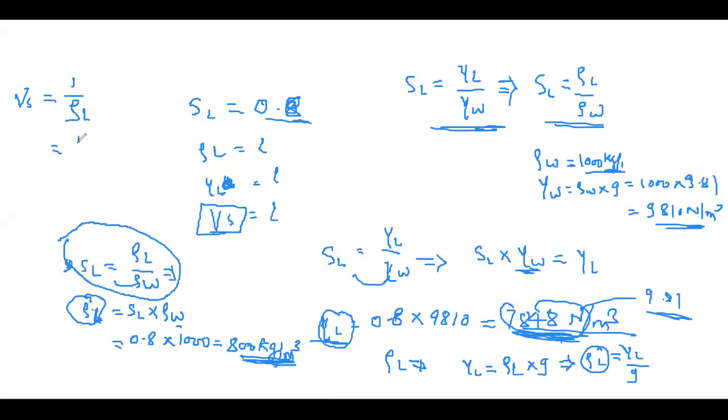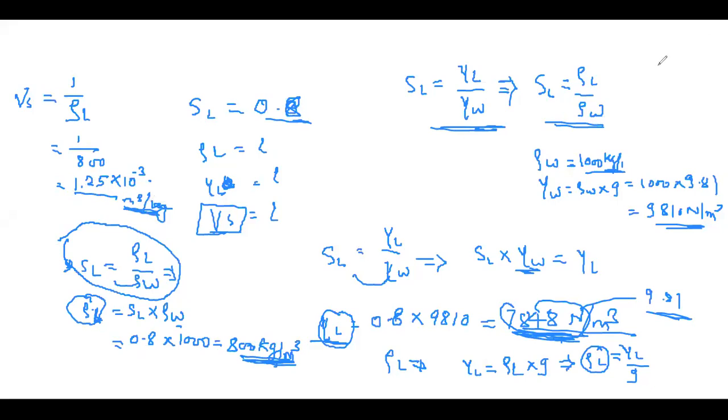So here we can write 1 upon 800, and 1 divided by 800 is equal to 1.25 into 10 to the power minus 3. What will be the unit of this specific volume? Meter cube per kg. Correct.